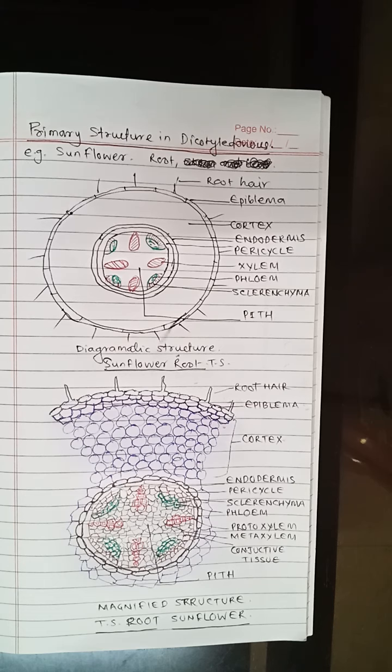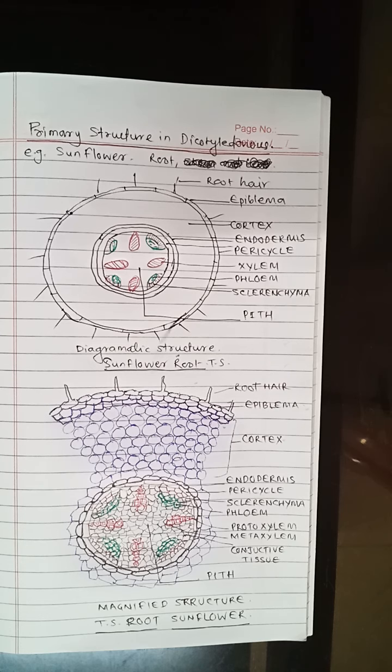Just above the protoxylem and also at other places, some cells of endodermis remain thin walled and are known as passage cells. The name indicates that the entry of water takes place through these passage cells.